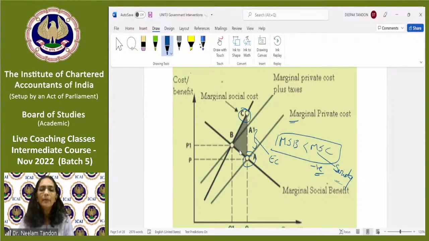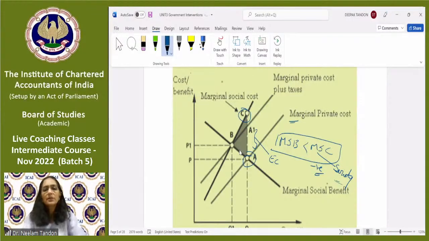Why is it happening? Because the marginal social cost is higher than the marginal private cost. So marginal private cost is here, marginal social cost is here, and this is the gap.